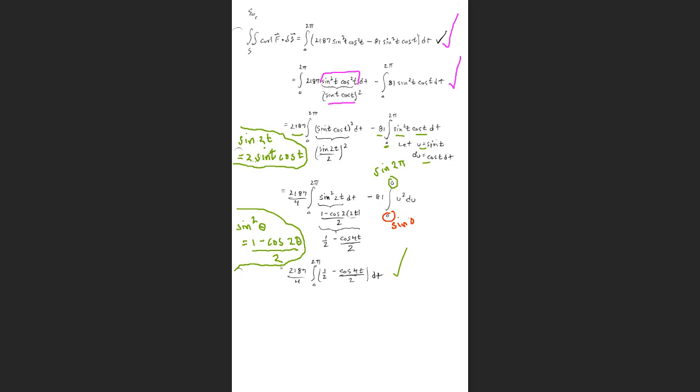All right, well now what we have to do is get the antiderivative. And that's not hard. This is really a calculus 2 problem. So the antiderivative of a half is a half t, and the antiderivative of cosine of 4t is sine of 4t over 4.